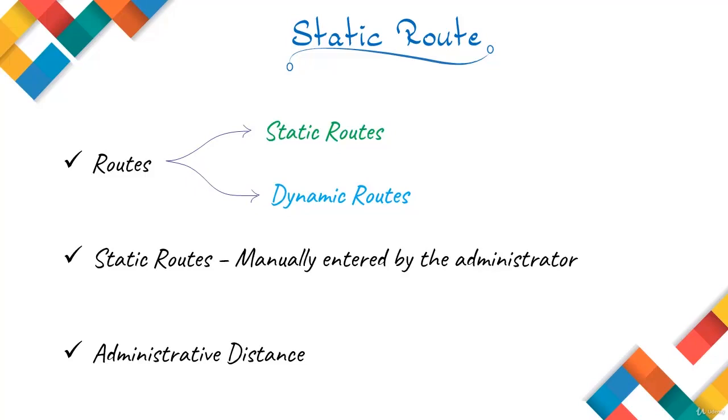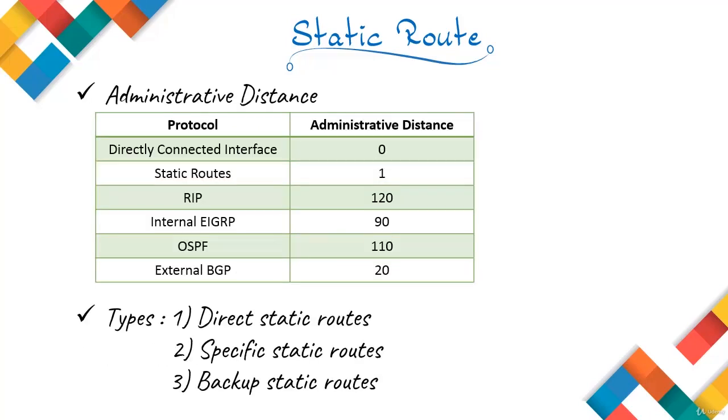And since the administrative distance of the static route is less compared to dynamic routing protocols, the static route will be given precedence. We don't want that to happen because we want the dynamic route to be the primary route, and in case something happens, it has to switch to the static route. So what we do is we change the administrative distance so that the dynamic route is given precedence.